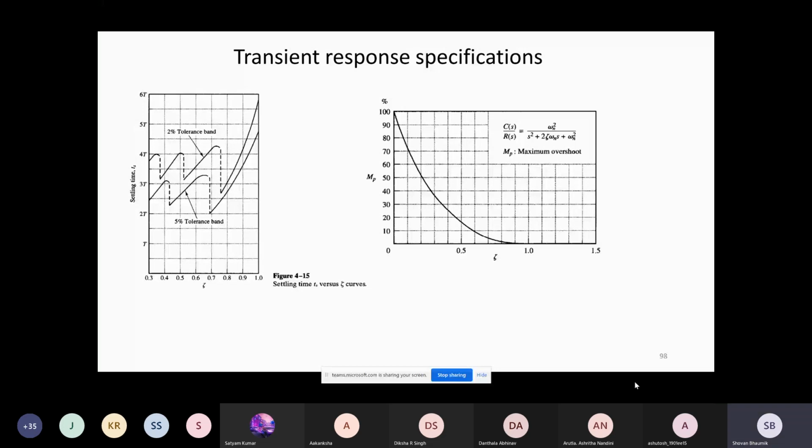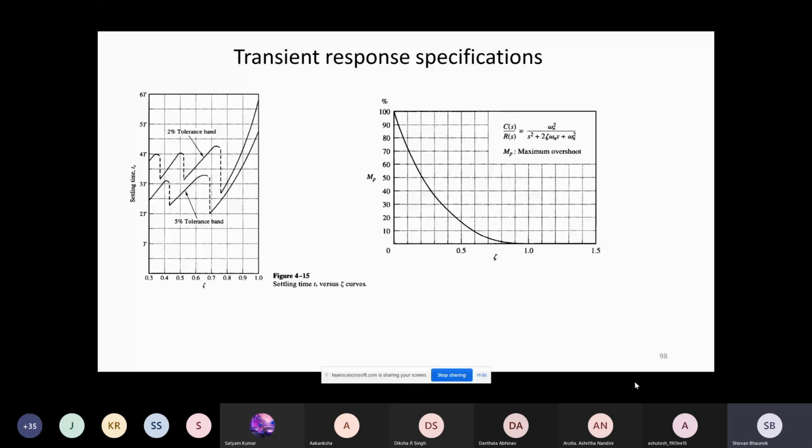rapidly till 1. Now, if you see the right-hand curve, what is the maximum peak overshoot with zeta? If zeta is 0, there is no damping, so there is maximum peak overshoot, a 100% peak overshoot. If 1 is the steady state value and your response started rising from 0, it will go to 2, then again to 0, then again 2, like this.